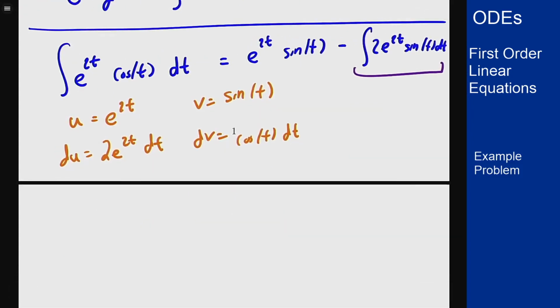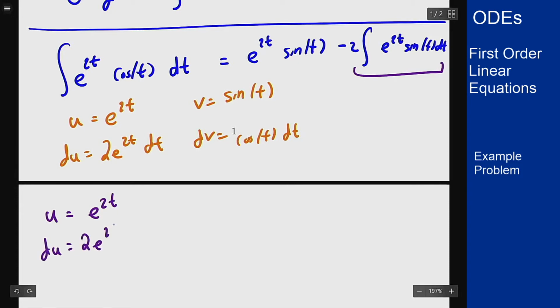So for that second one, I'm going to take the 2 out front, and I'm going to set my u again to be e to the 2t. You have to pick the same one here, otherwise you'll undo your previous work. So my du is again 2e to the 2t dt. My dv is sine of t dt, so v is negative cosine of t.